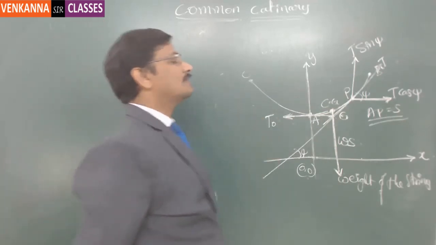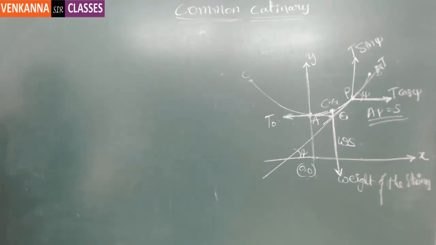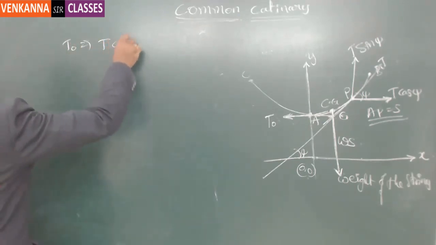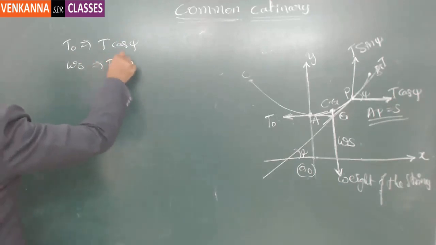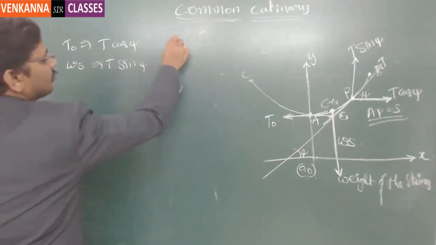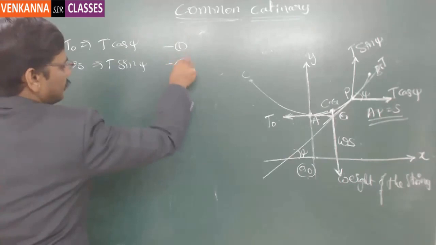Now if you equate the horizontal and vertical components, T naught is equal to T cos psi, and W S is equal to T sin psi. This is equation number 1 and this is equation number 2.